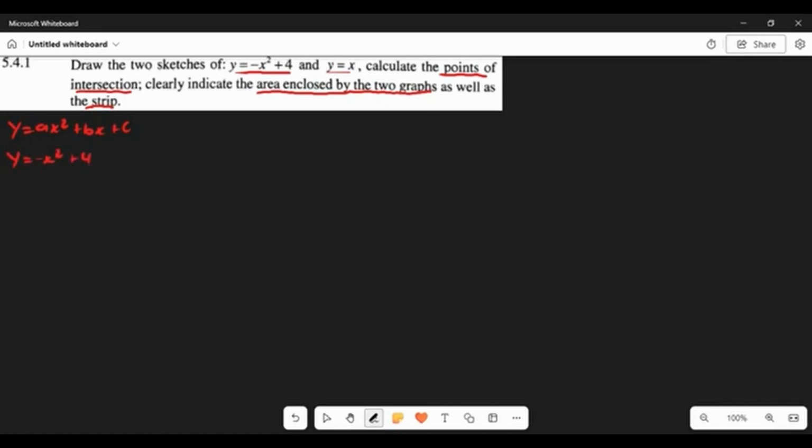Now you need to understand that we have a as negative 1 because a is the coefficient of x squared, and then b is going to be 0 because we do not have x on this equation that is given to us, and we do have c though, which is going to be positive 4.